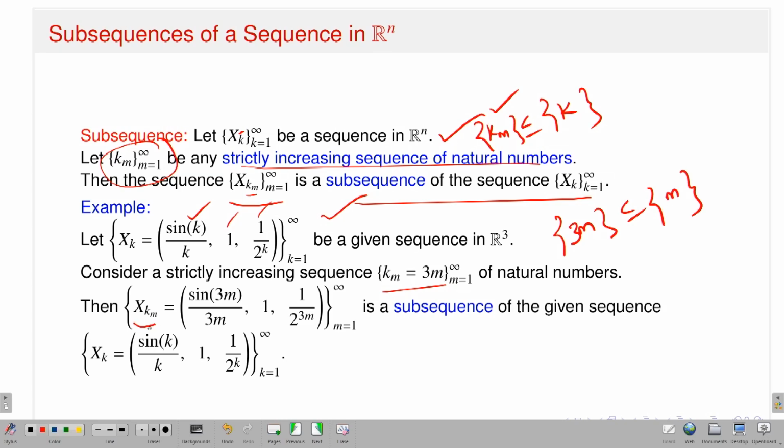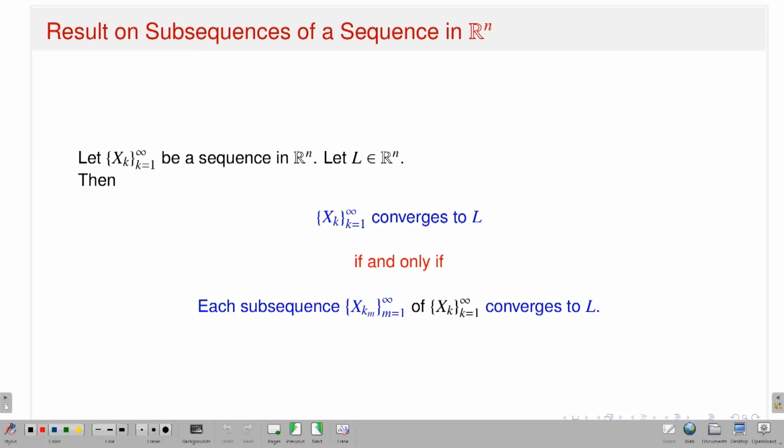The corresponding x suffix km is sin 3m divided by 3m, comma 1, and the third is 1 by 2 to the power 3m. So this is certainly a subsequence of the given sequence Xk. The definition of subsequence you know from the real line is similarly available in n-dimensional Euclidean space. So this is our result concerning subsequence and given sequence.